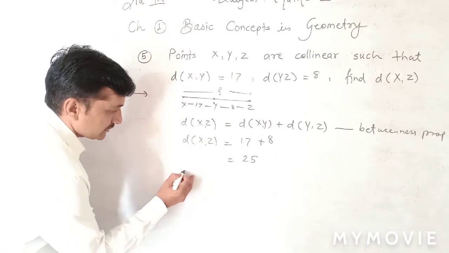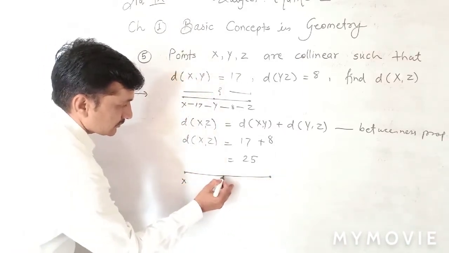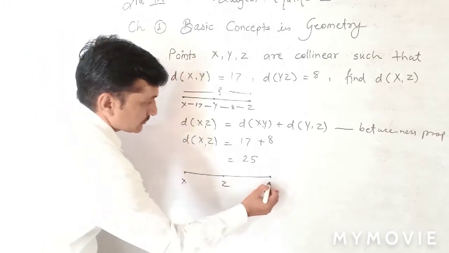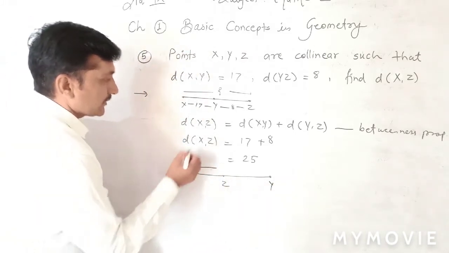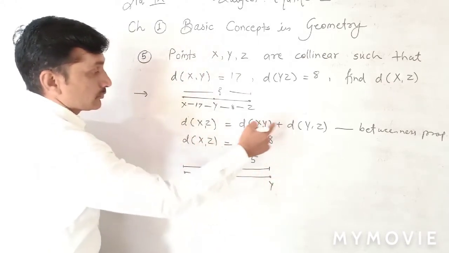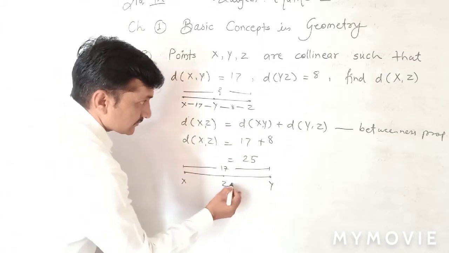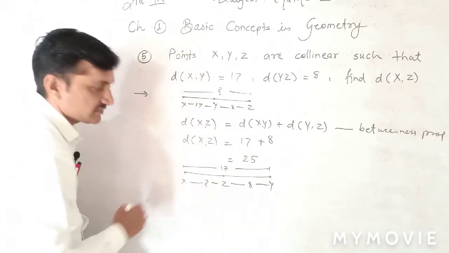One more possibility is there, that is X, Z, Y. Now XY is given 17 total, YZ is 8, and we have to find XZ, question mark. This is the second possibility.